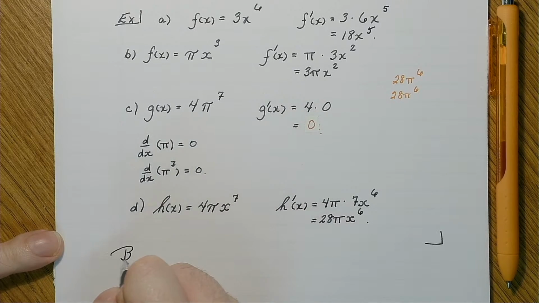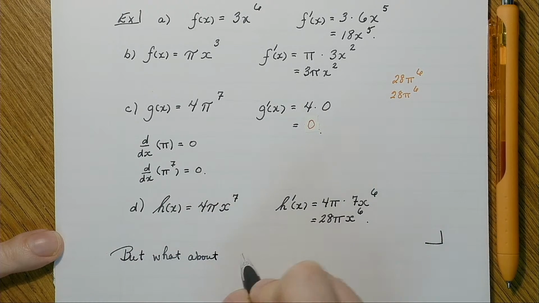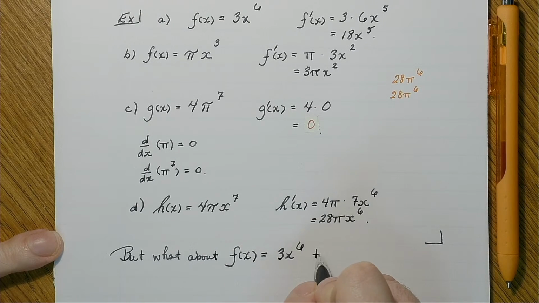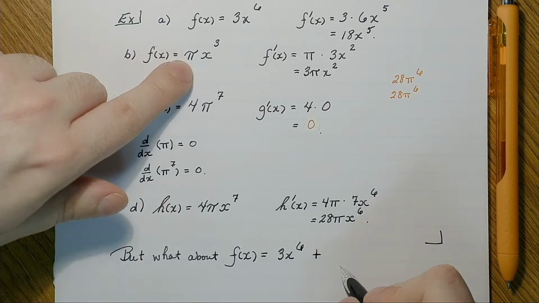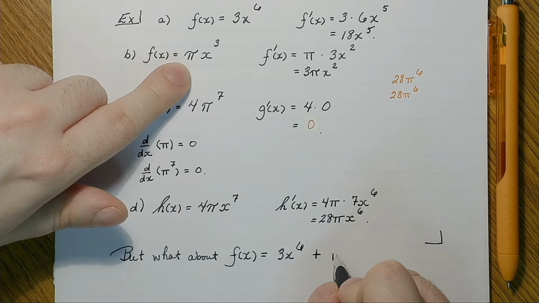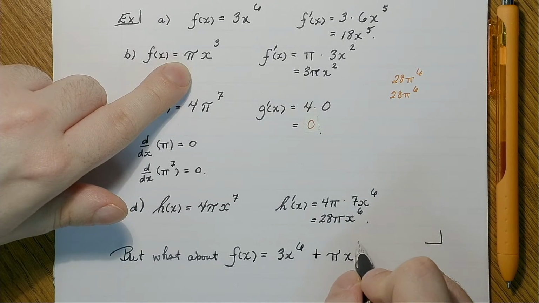But what about if I had a function like this, which was 3x to the 6th plus, and I take this one right here, pi x to the 3.